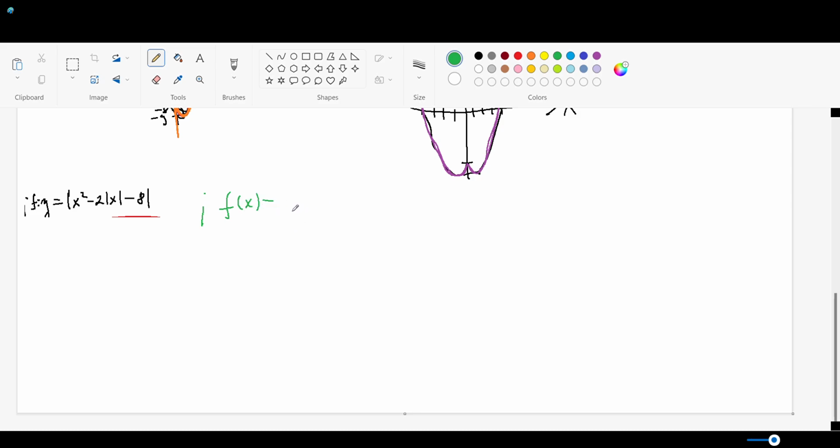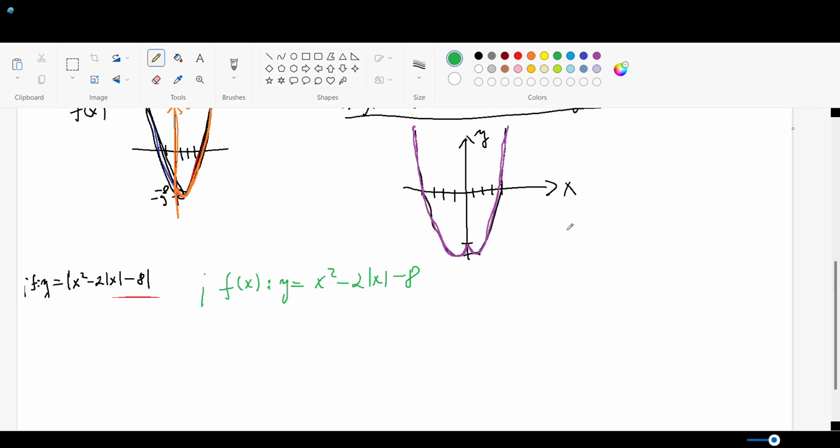It's very simple, because you already know how to sketch the graph of the function which is defined by the equation y equals x squared minus 2 absolute value of x minus 8. Which graph is it? Exactly, it's this graph. And if you would apply the transformation, which basically means you would put the whole expression into the absolute value, what will happen to the graph of this function?